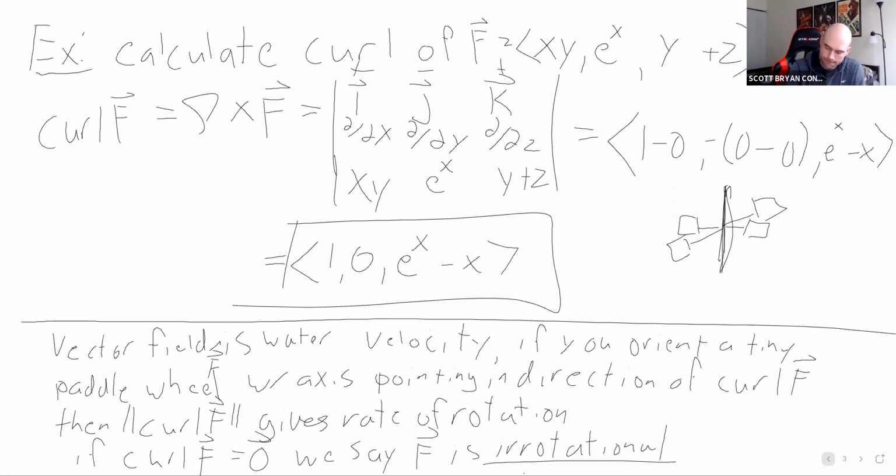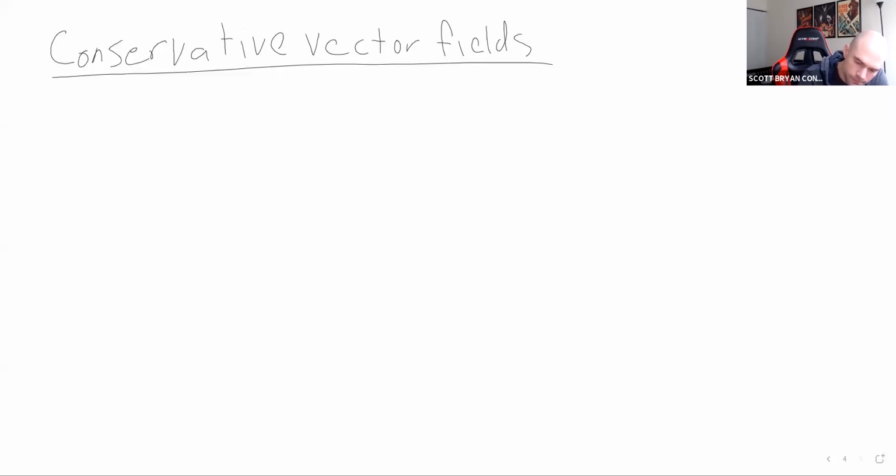We say a vector field, it can be either a vector field on R2 or a vector field on R3, so we'll leave it ambiguous here.